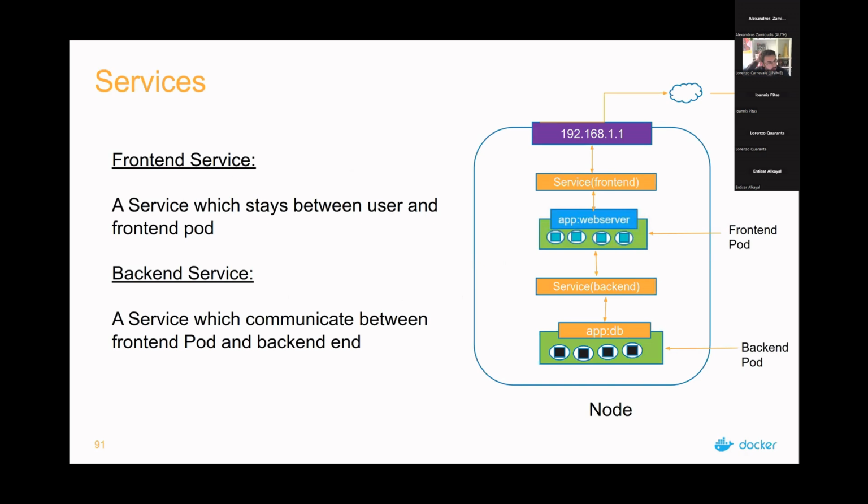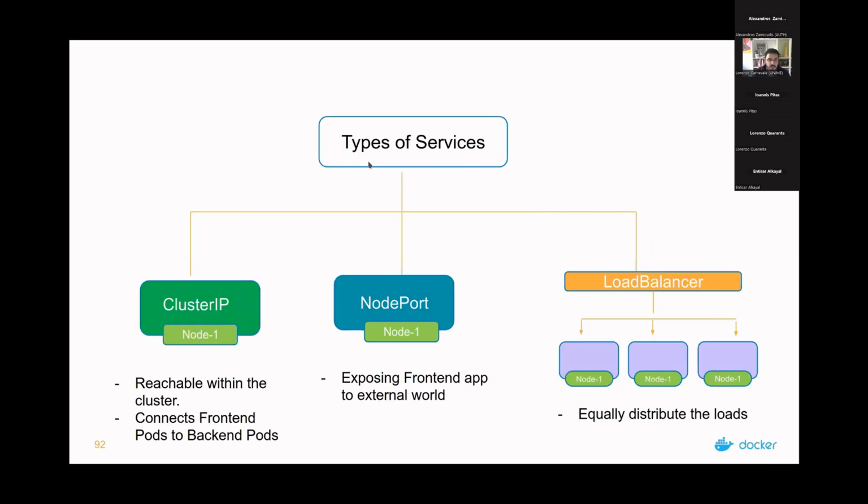Well, let's think about it. We have a front-end service, so a service which stays between the user, which is here, and the front-end pod, which is here. And then we have the backend service, which is a service which communicates between the front-end pod and the backend. So we have different types of services.